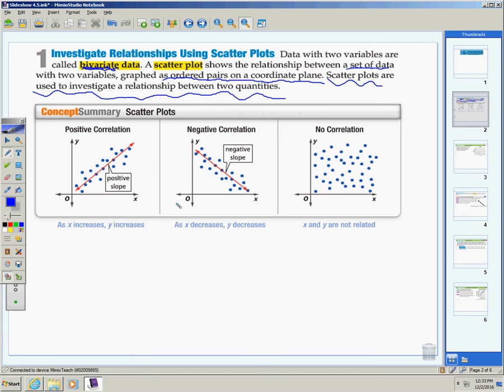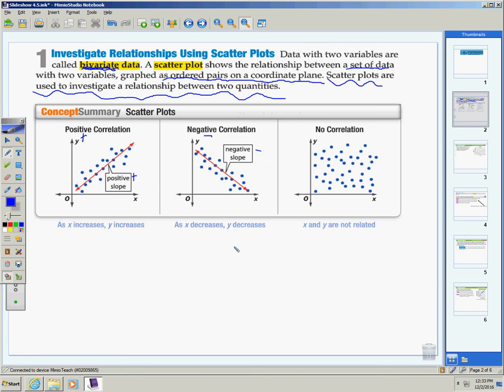We've got three different types of scatter plots. We can generalize them into three categories. We either have positive correlation, which means as x increases, y increases, and notice we have a positive slope. Positive correlation has a positive slope. We have negative correlation, which means as x increases, y decreases, so we have a negative slope.